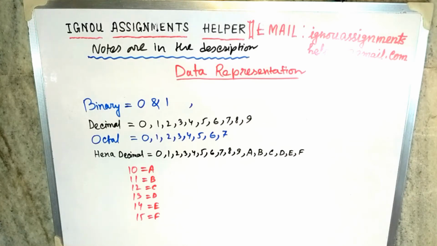In today's topic we'll discuss binary and decimal numbers, and learn how to convert from binary to decimal and from decimal to binary. So without wasting any more time, let's jump into that topic.